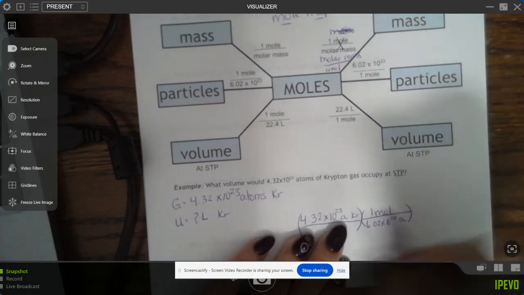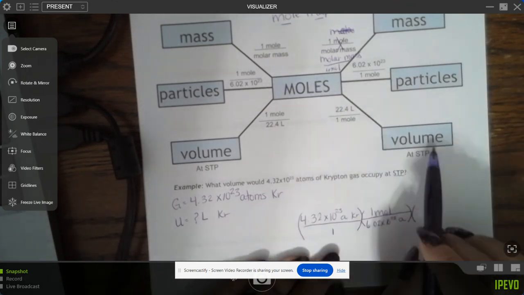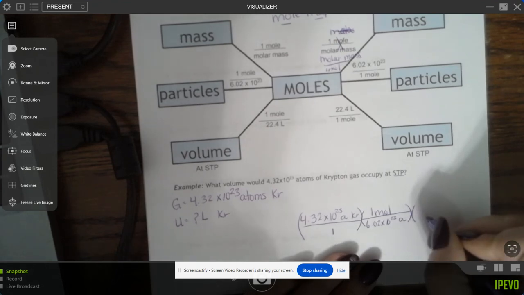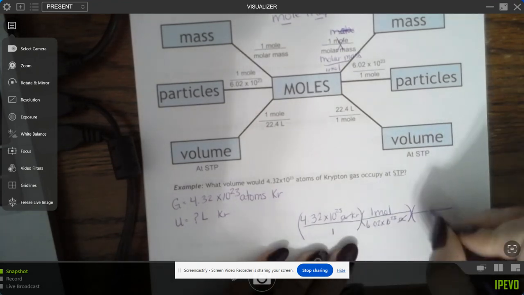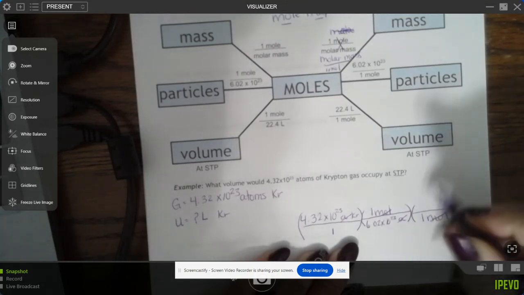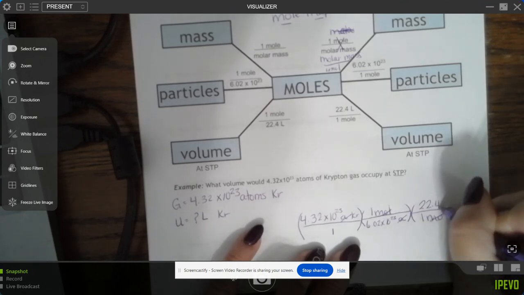Ultimately I want to get from moles to volume. So atoms cancel. I want 1 mole on the bottom here, so moles cancel. And then I'm going to do the volume, so it's going to be 22.4 liters.